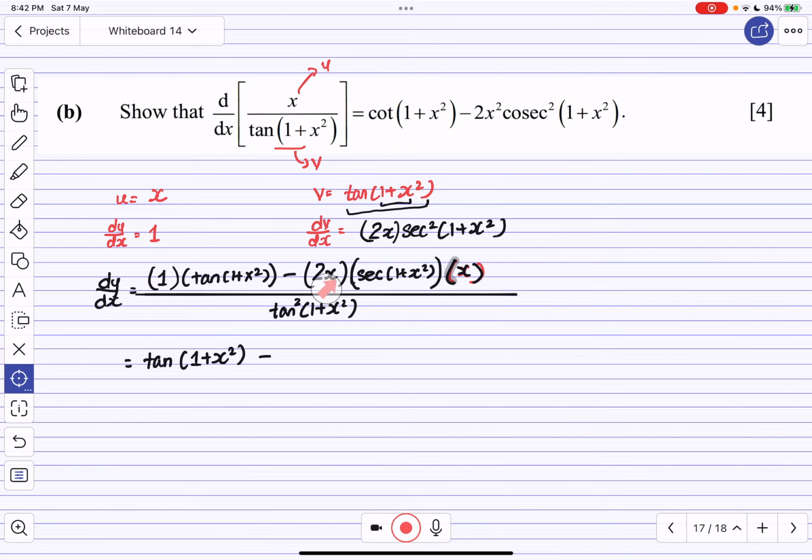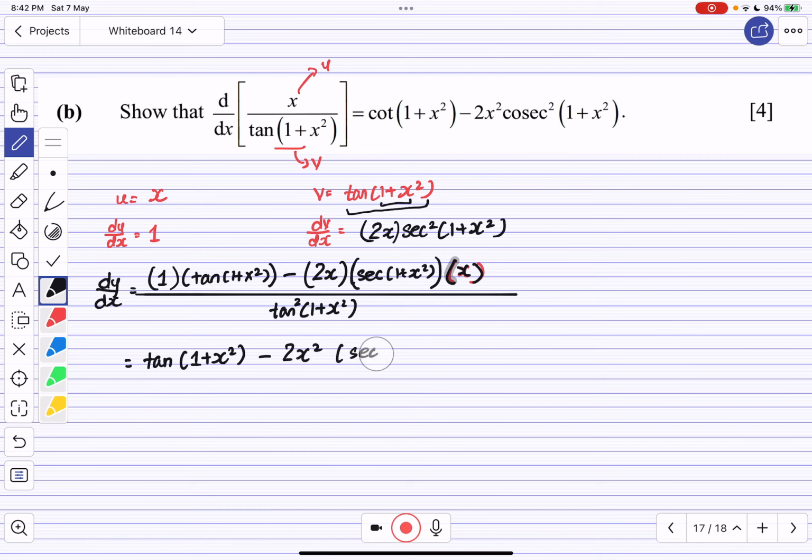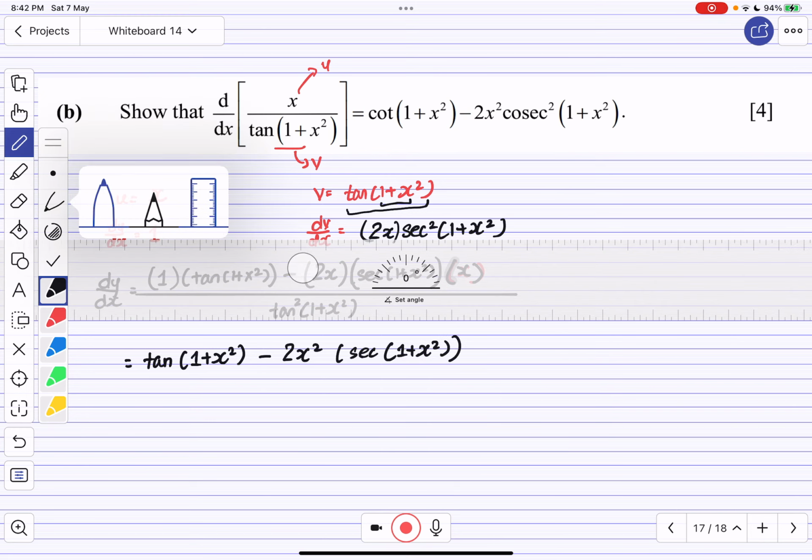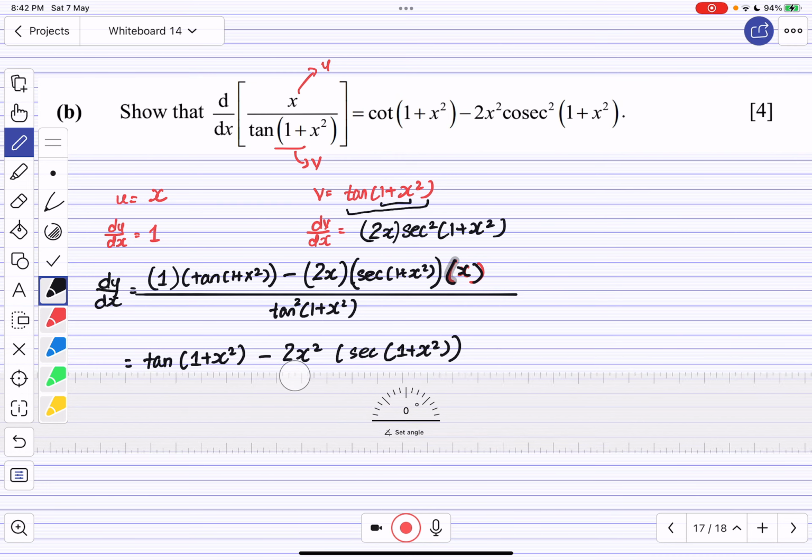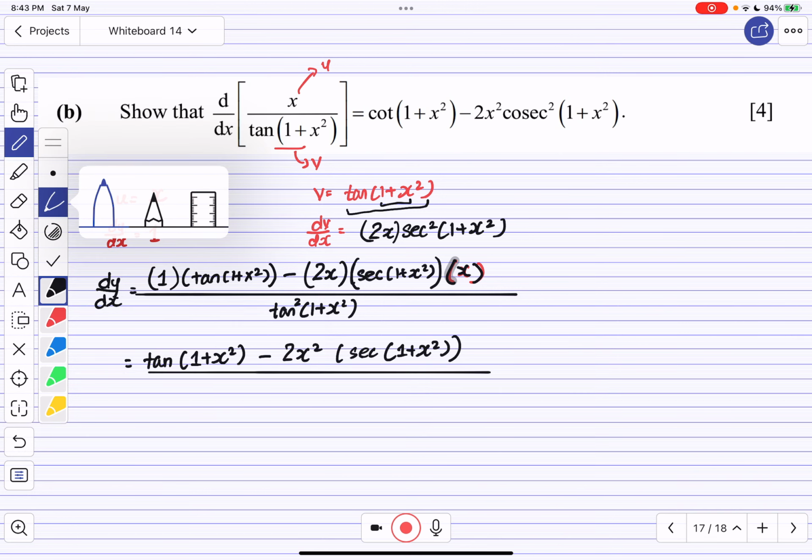I notice that there's an x here and an x here, these two are the same, so I'm going to put them together, multiplied by sec(1 + x²), over tan²(1 + x²).